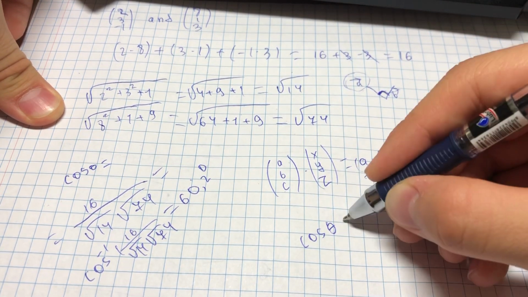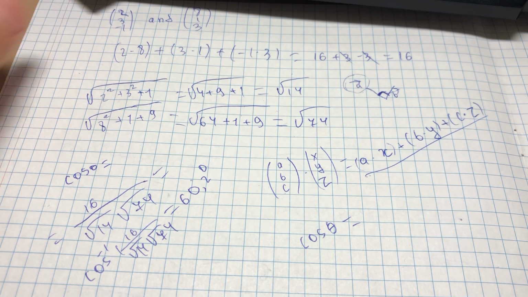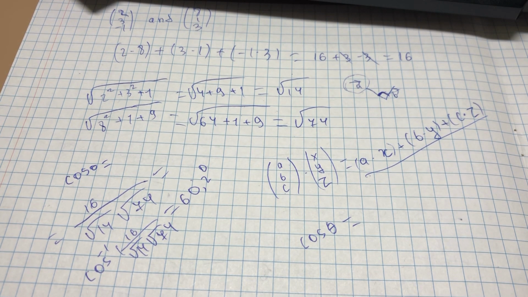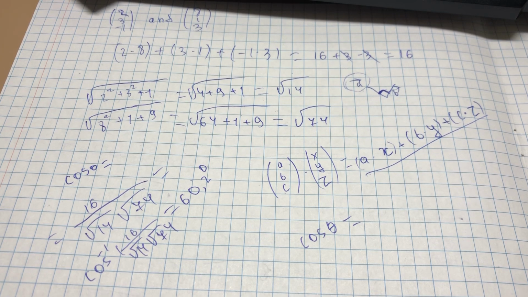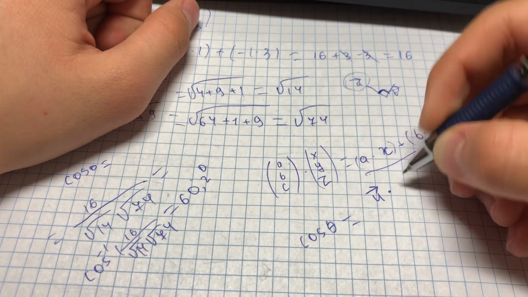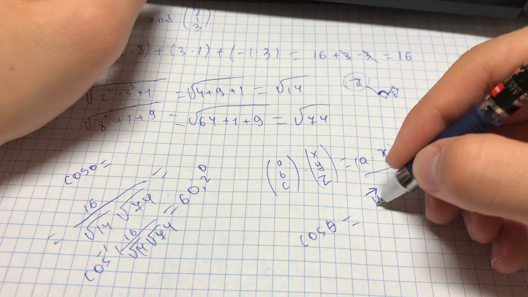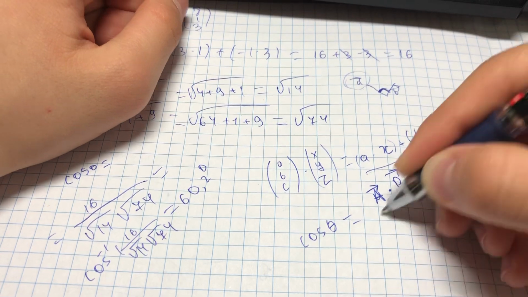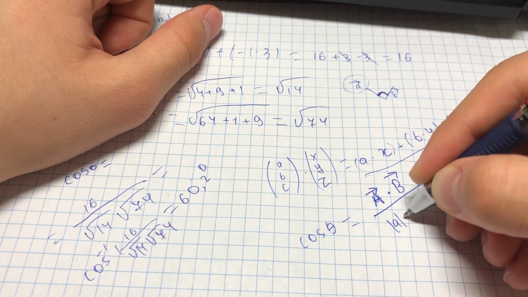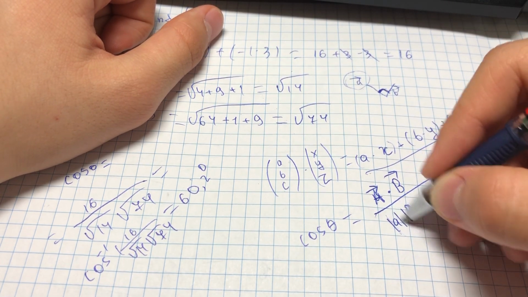To find cosine theta, you just need the dot product of the position vectors, A, B over the magnitude of A times the magnitude of B. Don't mess this up with absolute value.